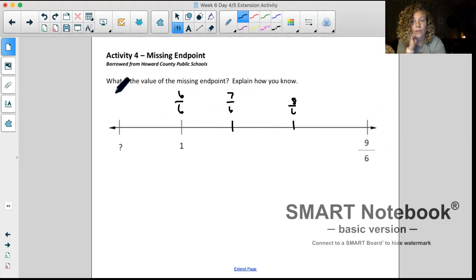What would come right before that? 5/6. This is a little tricky because we're not used to seeing fractions on our endpoints. We're really used to seeing whole numbers, and our whole number is right here in the middle instead of on the ends. So this looks really different than you're used to.